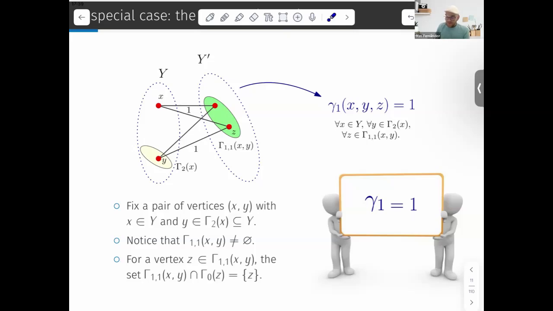So for every pair x in Y, y at distance 2 from x, and z at distance 1 from both, this scalar gamma 1 is constant, it is always 1. We simply write gamma 1 equals 1, because this number does not depend on the triple x, y, and z.